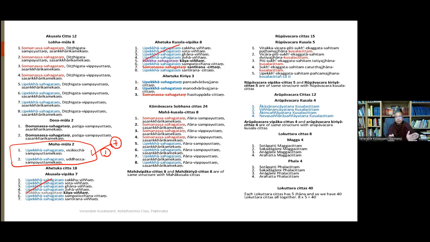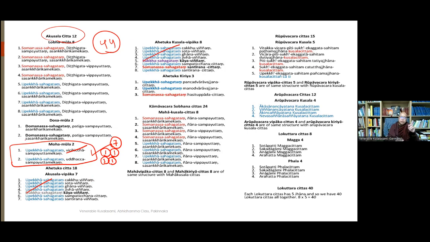The other 44 sense-sphere consciousness join with the Vitakka. So Vitakka, Vicara, and Adhimokkha. Vicikiccha is excluded from Adhimokkha, but because of Uddhacca, Adhimokkha cannot be excluded from the list. And Viriya as well. All these unwholesome consciousness are together with the Viriya.